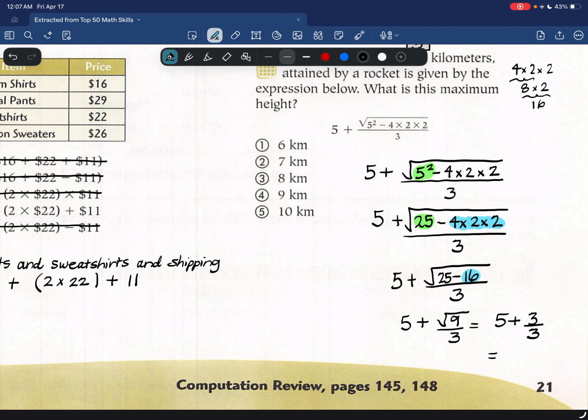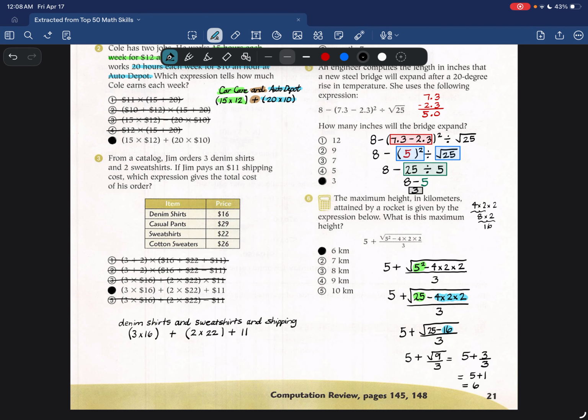And that will equal 5 plus 1, or 6 kilometers. So I like answer 1 on that one. That is not an easy problem. You really have to pay attention, have to do a lot of copying to get that one done. But your final answer there should be number 1.